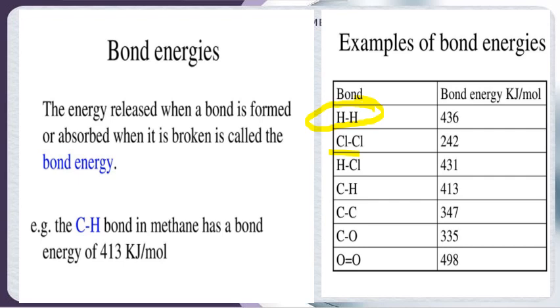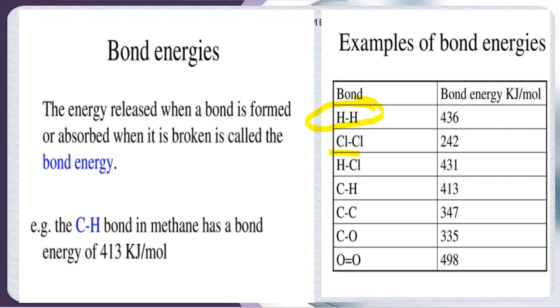Kilojoules per mole is the amount of energy required to make or break Avogadro's number of bonds, that is 1 mole of the substance, right? H2 is 1 mole of hydrogen molecules, Cl2 is 1 mole of Cl2 molecules. So this is the requirement for a mole of the substance. It is kilojoules per mole.